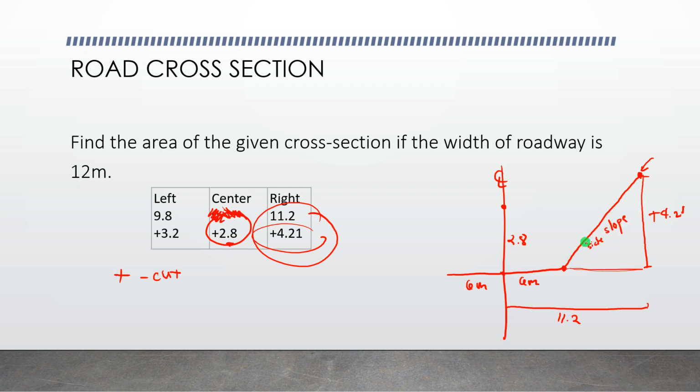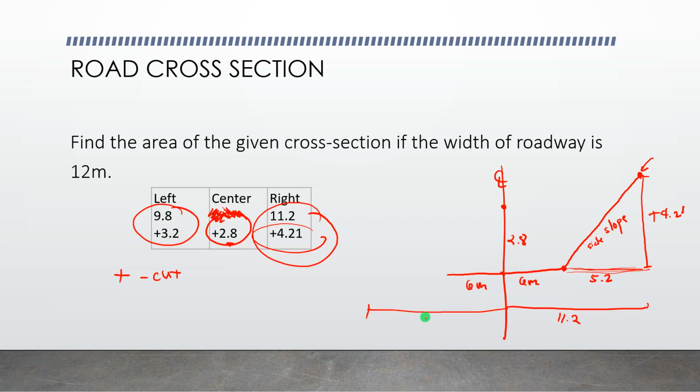We can also verify the side slope of this by simply subtracting 6 from 11.2, which is 5.2. I think that's 1.5 to 1 also. On the left side, we draw 9.8 and positive 3.2.